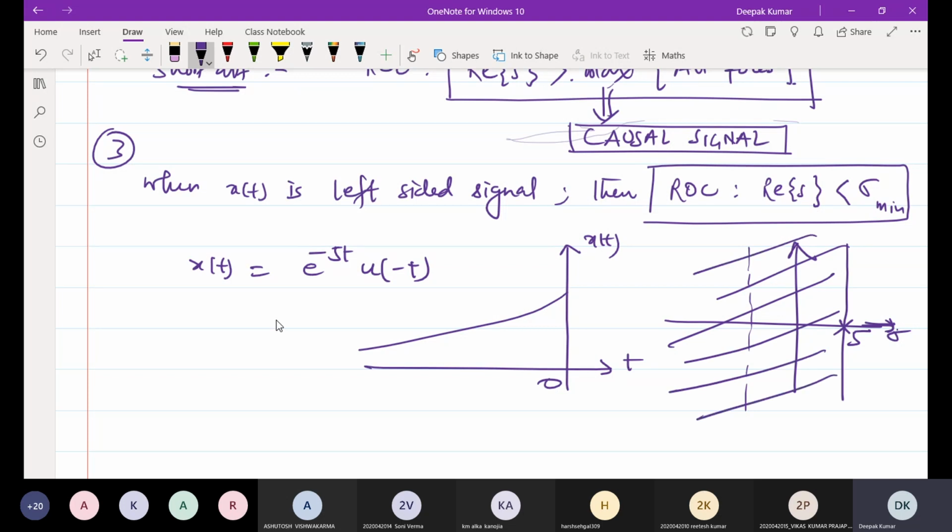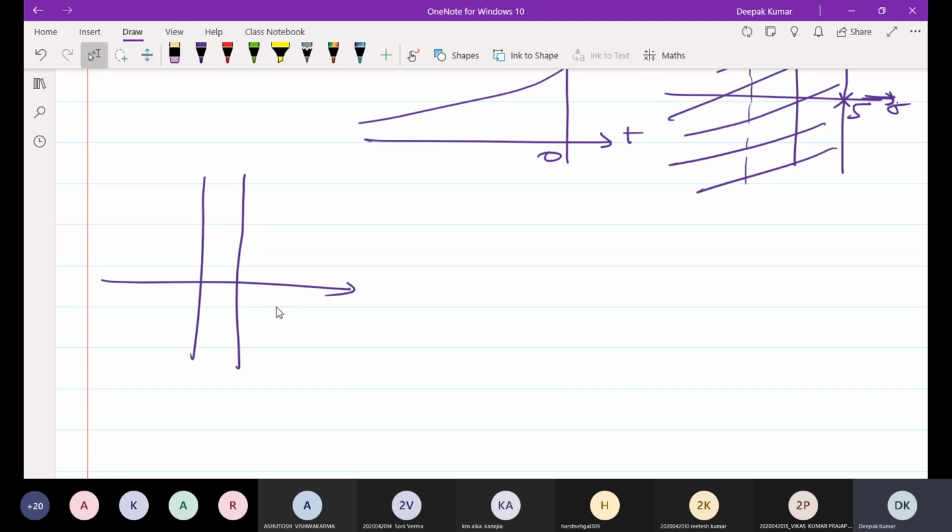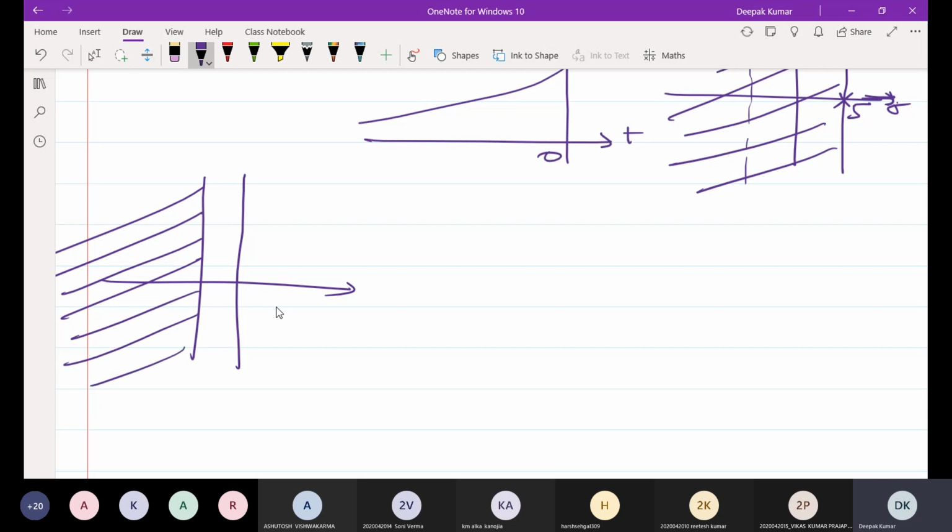So anywhere you see the region of convergence is somewhat left side from a fixed line. Suppose the region of convergence is like this, from this straight line, left side of this line. So you can say this region of convergence will be for a left-handed, left-sided signal.